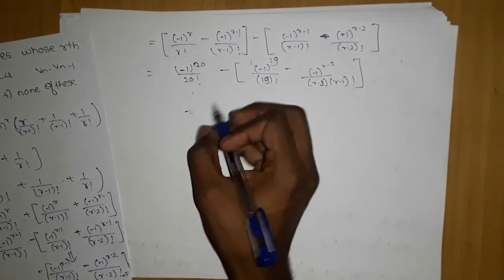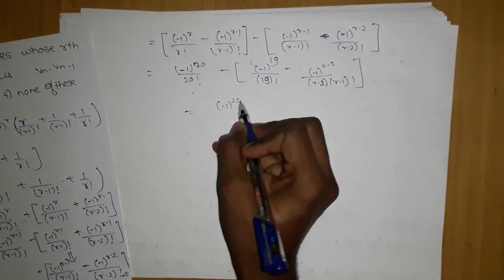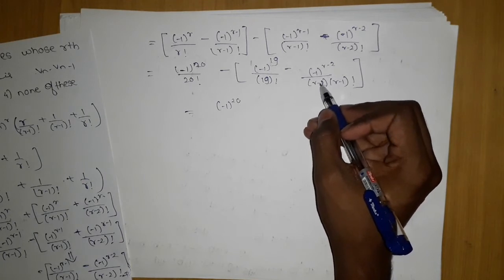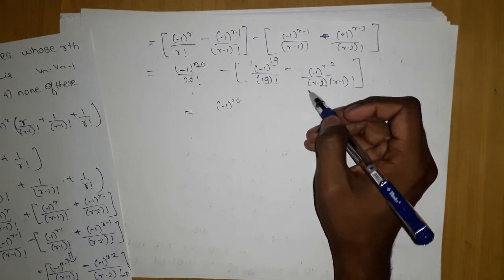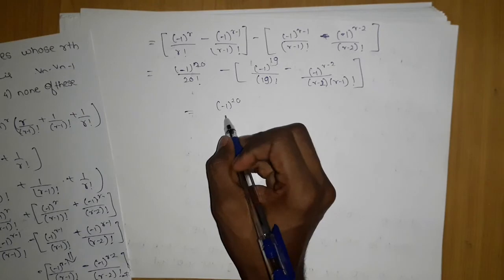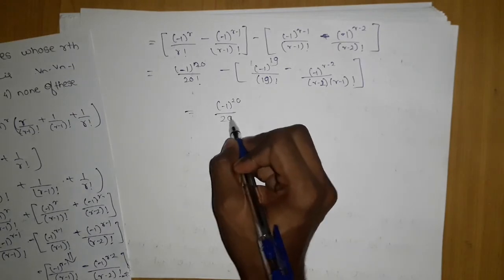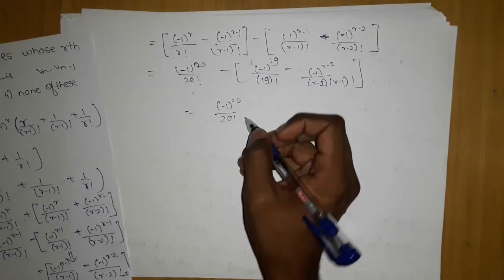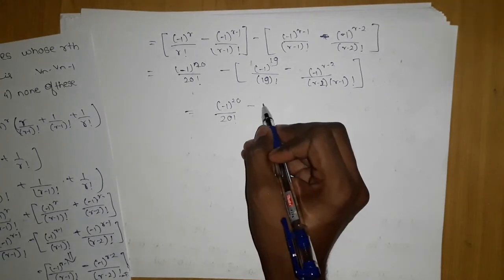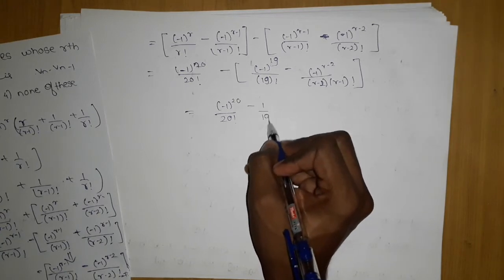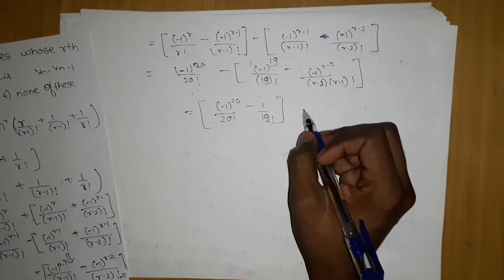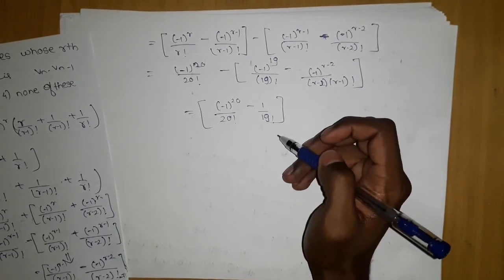So the final answer which will come will be minus 1 upon 20. This will become 1 if you substitute, minus 1, and the minus minus will cancel out. So the final answer will be left with 20 factorial, 20 factorial minus 1 upon 19 factorial.